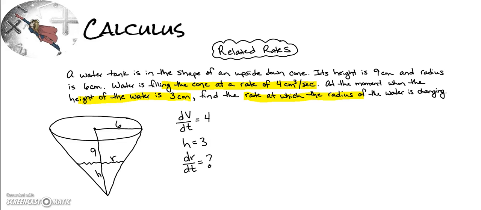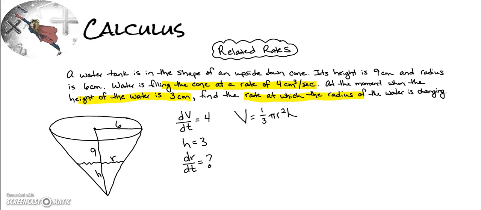Now after you make a list of everything you know and also of what you're solving for, you want to write down the main equation that relates all of these variables, which is volume equals 1/3 pi r squared h, the volume of a cone. Now see, here is what makes it harder, is that volume has both r and h in it.